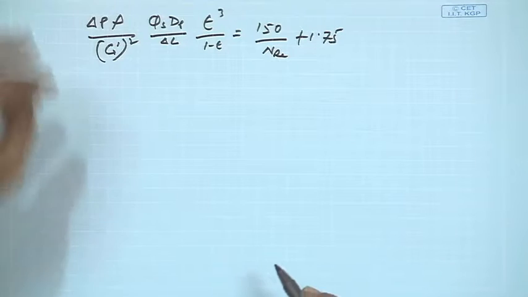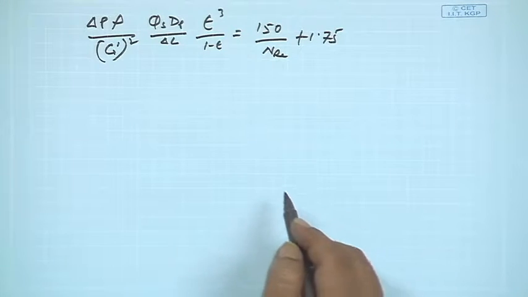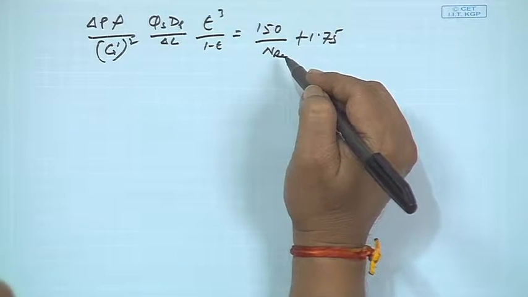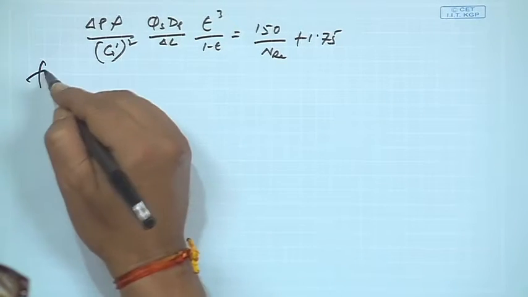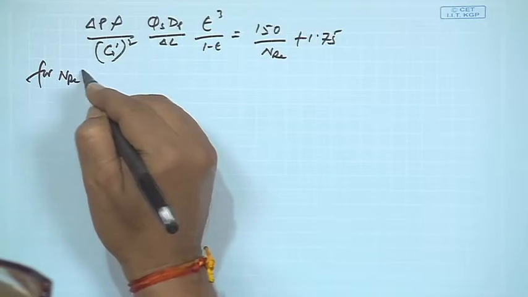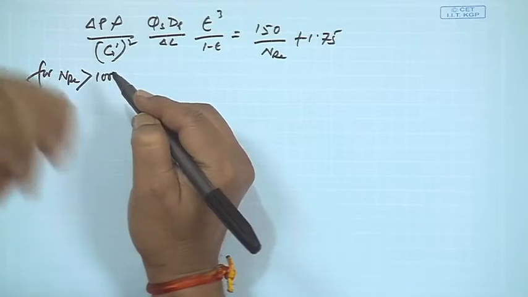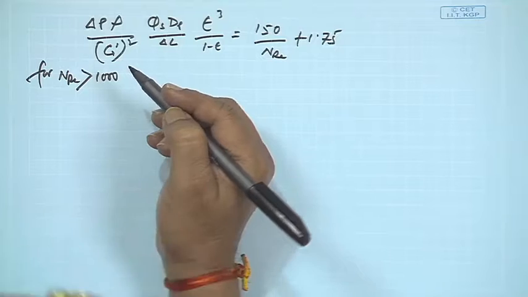Now, for the other one, when NRE is very high, greater than 1000, what can we say?